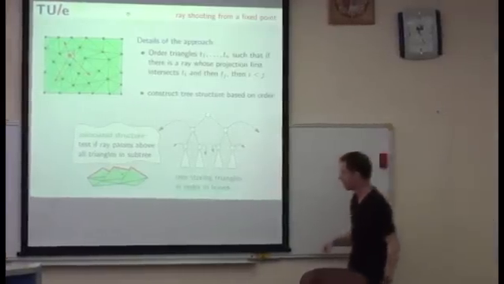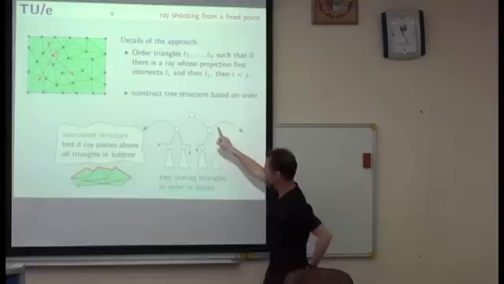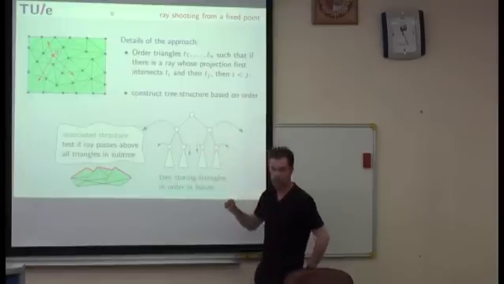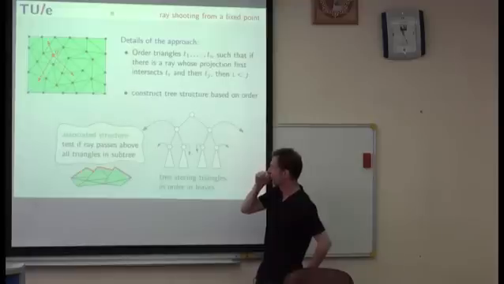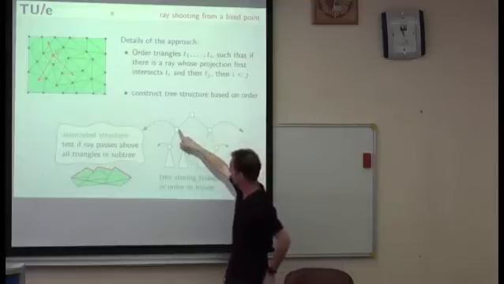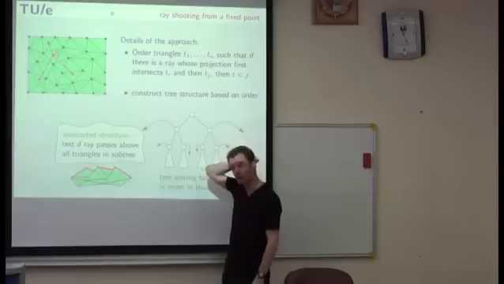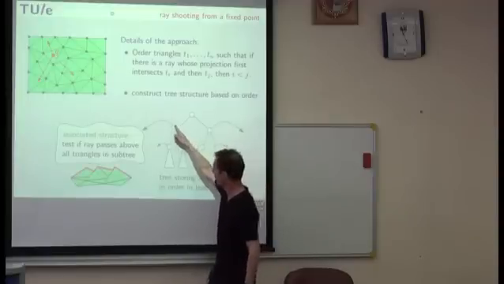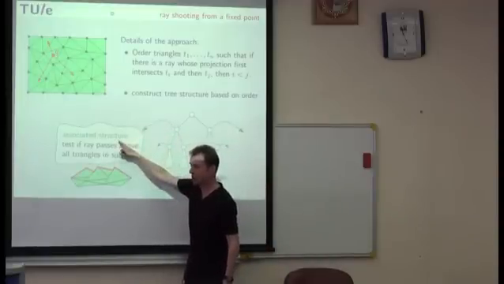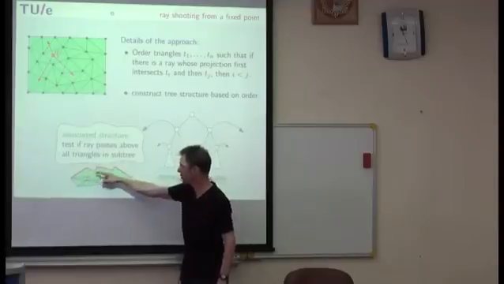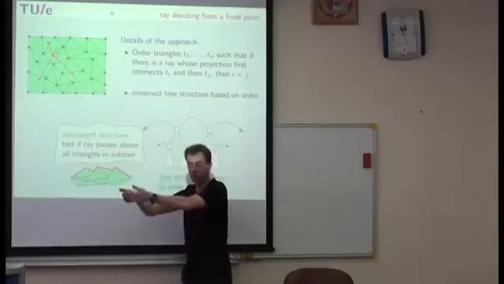And now I want to walk down in this tree to answer my ray shooting query. So how am I going to do that? Well, this is going to be a 2-level tree. At each node, I have an associated data structure which can answer this test: do you pass above all the triangles or not?